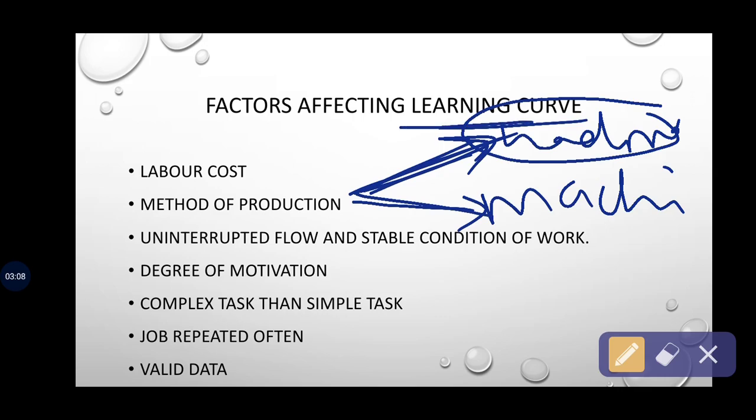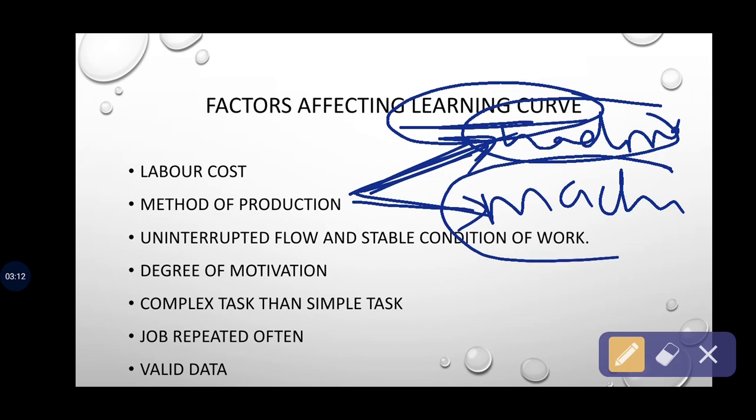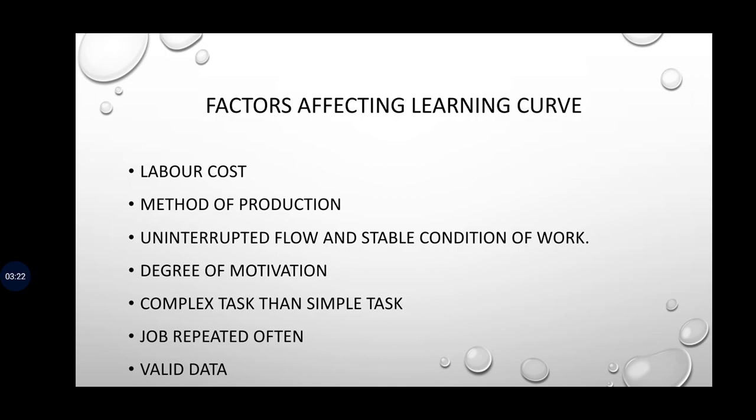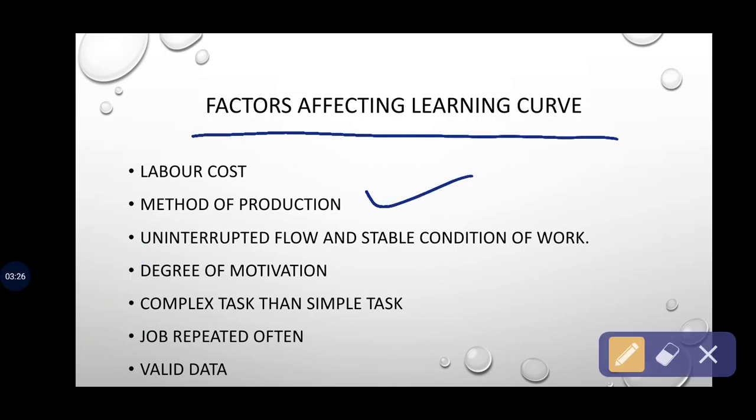This involves separate learning stages, and if the laborers have to use machines and equipment for manufacturing the goods, there is a separate set of guidelines to be followed. So the method of production also influences the learning curve.